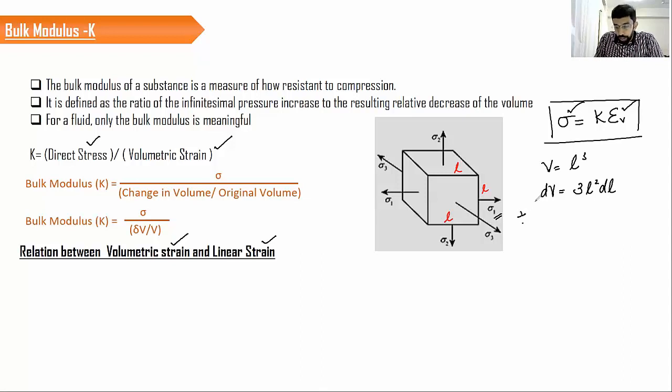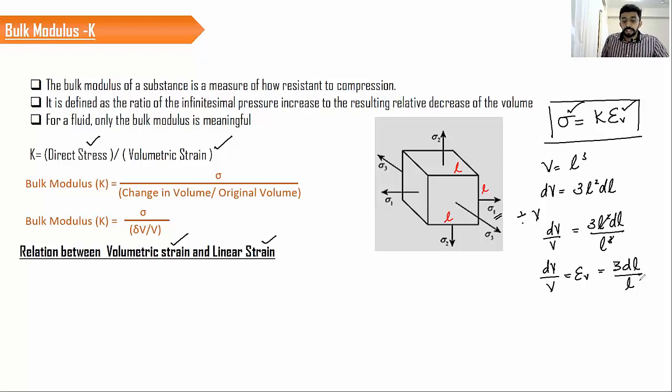If we divide by the volume, dV by V equals 3L squared into dL divided by L cubed. Cancelling out L squared and L cubed, we are left with dV by V, which is the volumetric strain, equal to 3dL divided by L.